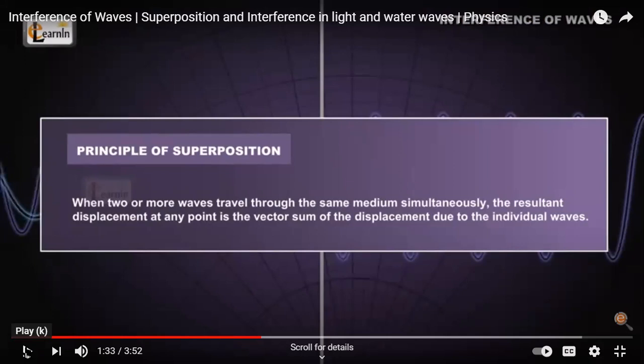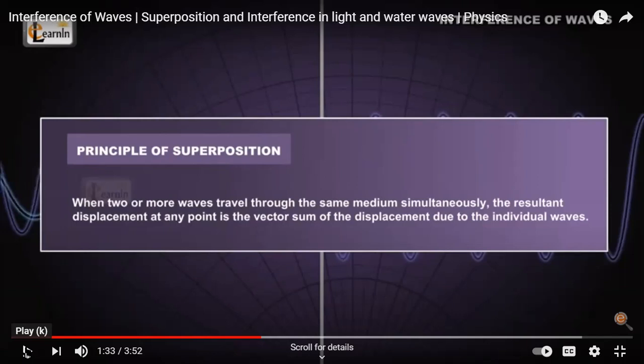So the statement is like this: when two or more waves travel through the same medium simultaneously, the resultant displacement at any point is the vector sum of the displacements due to the individual waves.